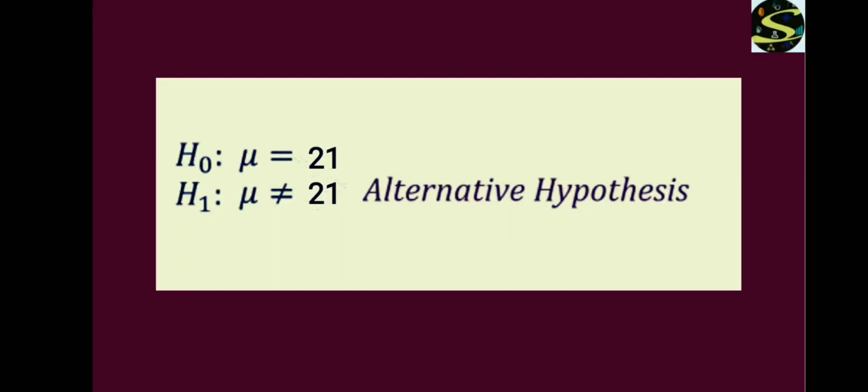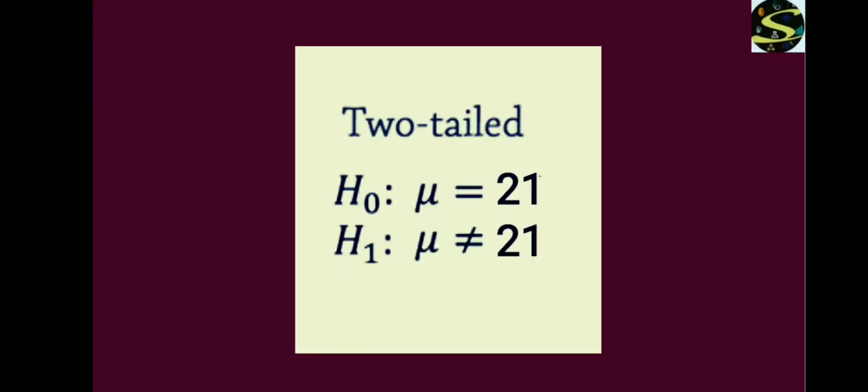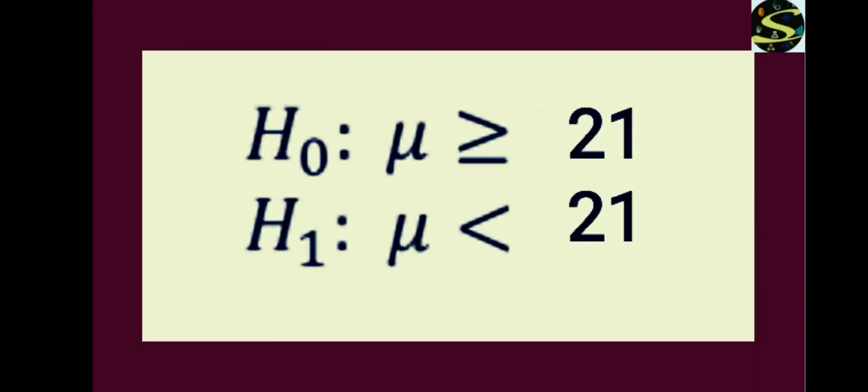In this case, the alternative will be that the mean is not equal to 21. We use this hypothesis for two-tailed tests because the alternative basically means that the mean could be less or greater than 21.